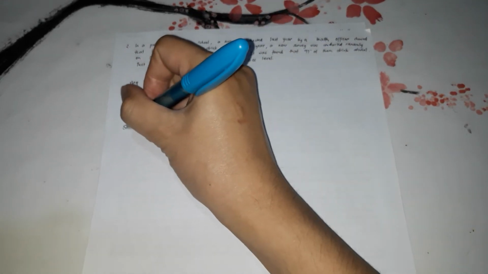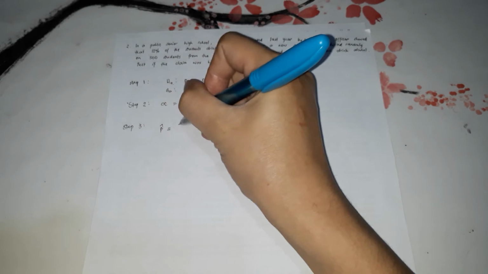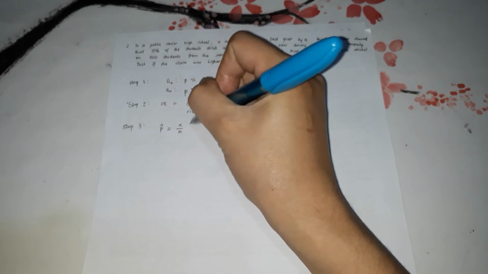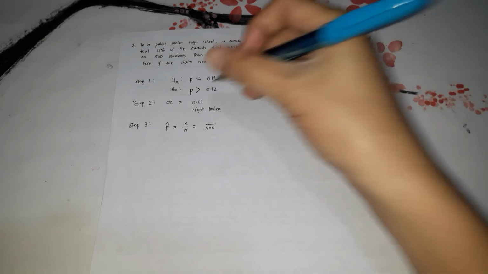So step 3, we're going to solve now for the statistic. So first is the p hat, which is x over n. X is equal to, based on the problem, how many in the sample. So ang sample is 500, and out of the 500, ang umiinom na alcohol is 97.